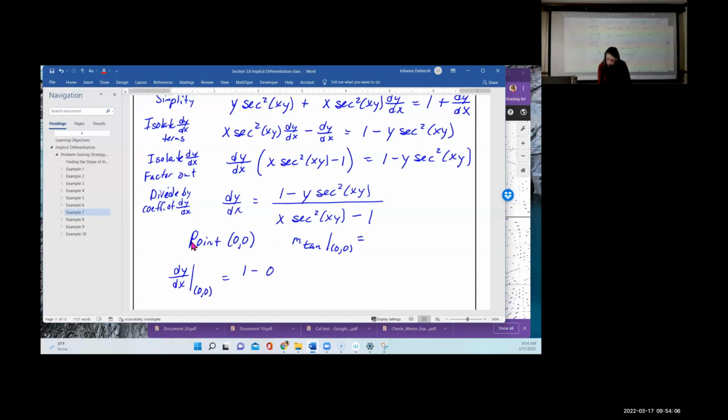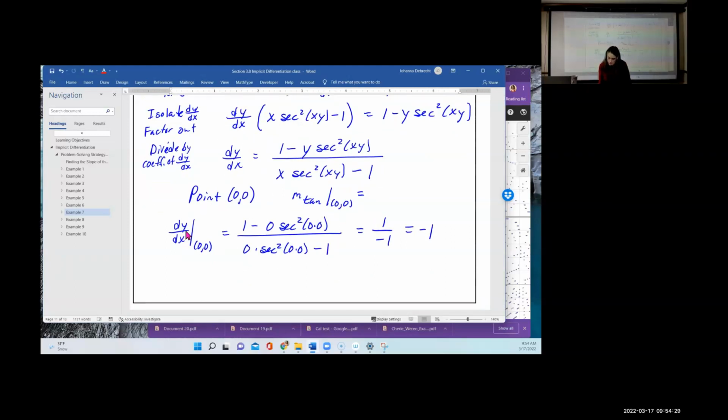So this gives me 1 minus 0 times the secant squared of 0 times 0, over 0 times the secant squared of 0 times 0 minus 1. 0 times anything is going to be 0. So I get 1 over -1, which is -1.